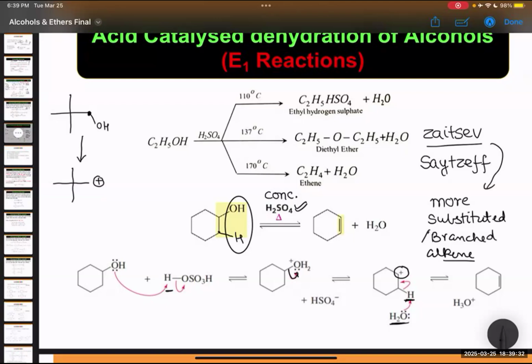So when you treat it with concentrated H2SO4, the OH gets protonated, meaning H plus is attached, it comes out as water, you have a cation. The cation is primary, so it is highly unstable. Always, always, always check for the rearrangement of cation.